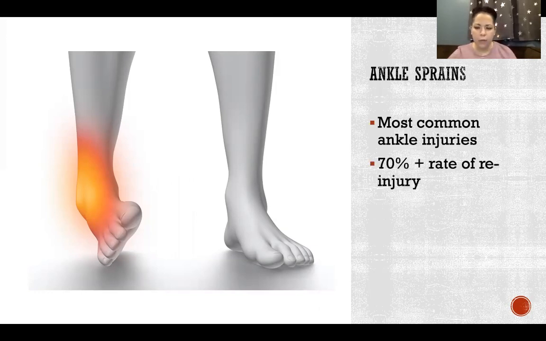There's a 70% or more rate of re-injury. So what we mean by that is if someone has an ankle sprain, there's a 70% or more likelihood that they will re-injure that ankle and have another ankle sprain.